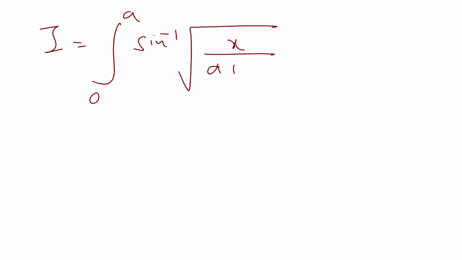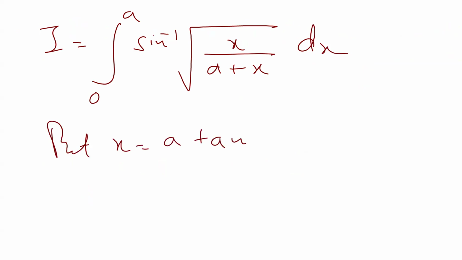Integration of 0 to a sine inverse root of (x plus a) upon x dx. So put x is equal to a tan square t, because there is a plus over here, and we need to put square because x is x, it's not x square.